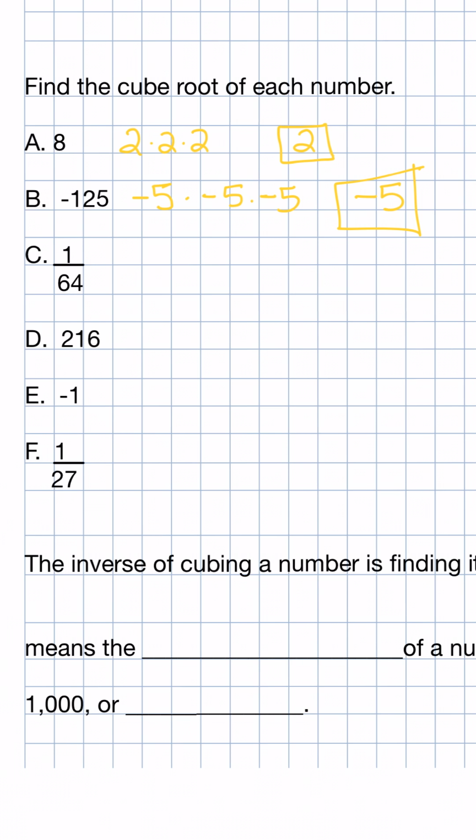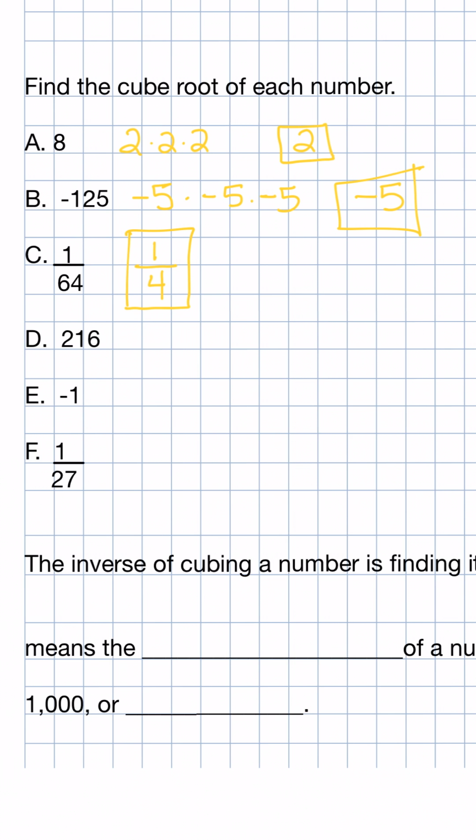This one is going to be 1, we know is 1 times 1 times 1. 64, if we look at the chart, is 4. 4 times 4 times 4 equals 64. That equals 1/4. If you'd like, go ahead and try to do the next 3 on your own, and then check back with me to see if you got them correct.